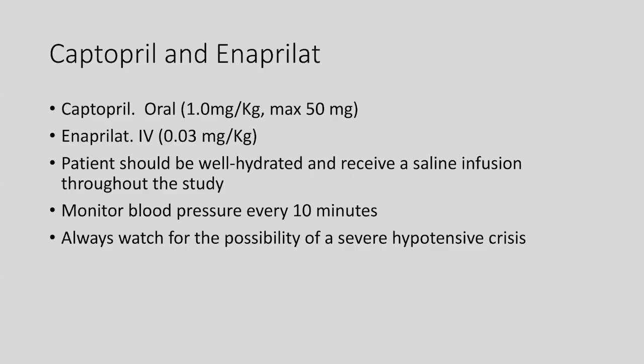Captopril can be given orally at 1 milligram per kilogram, and Enalaprilat is given intravenous at this dose. And unlike captopril, one has to really watch very carefully about potential hypotensive crisis. And so I would recommend using captopril instead.